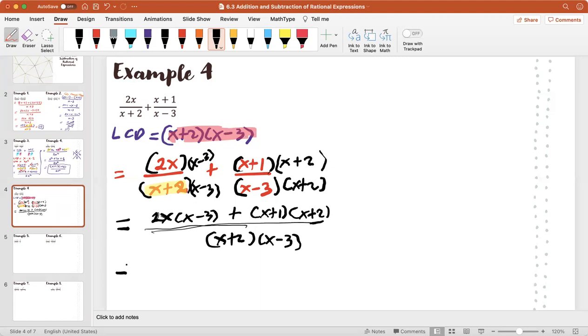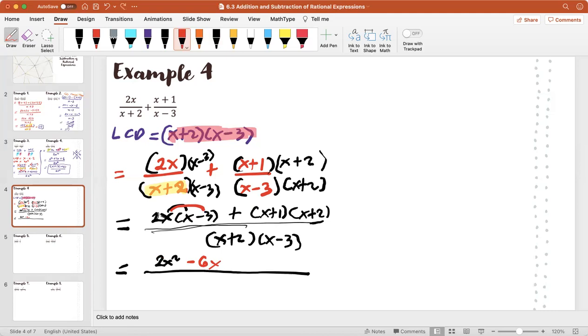It's time to multiply our numerator by distributive property and FOIL. You have 2x times x, that gives us 2x squared. 2x times negative 3 is negative 6x.